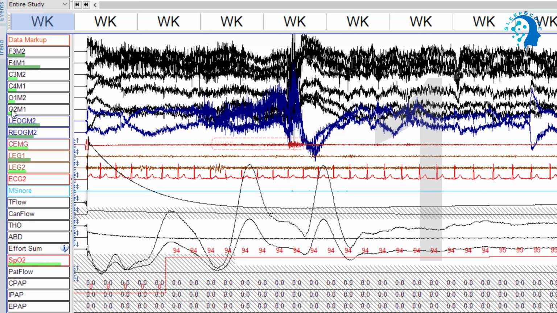And the lowest one, can you tell which one is the lowest impedance? Here you see F3 M2, F4 M1, C3 M2, C4 M1, O1 M2, O2 M1. Which one is less than 2 impedance? Who is the best one? Best signal?